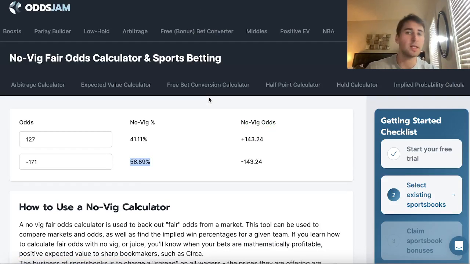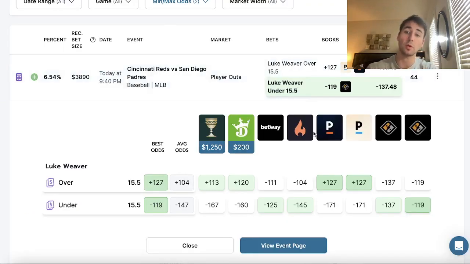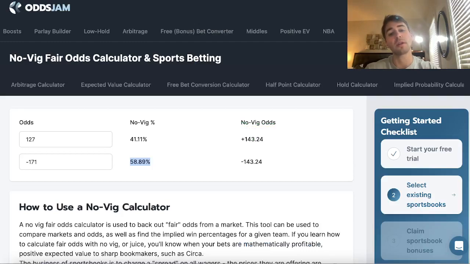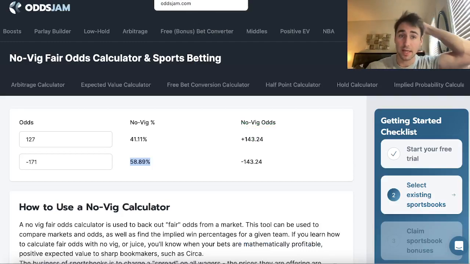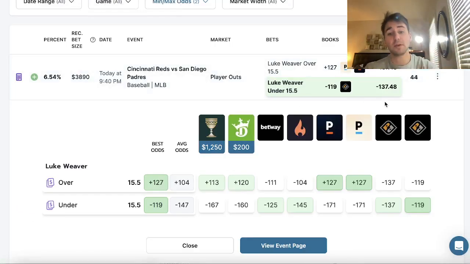Again, minus 200 means a 2-1 favorite, 66.67% favored to win. So here, it's not all the way at minus 200, so you just put the sportsbook's odds into this calculator, and it tells you that according to Pinnacle, this plays 58.89% to hit. So it's a profitable play to include.